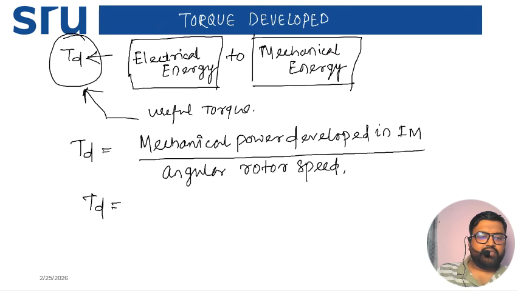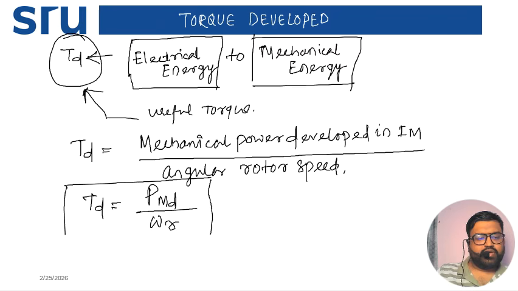Mechanical power developed in the motor, that is your PMD. You can write mechanical power developed divided by angular rotor speed, and this is your TD equal to this one. Clear?